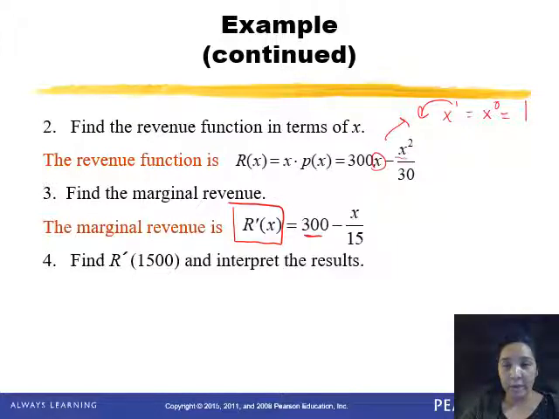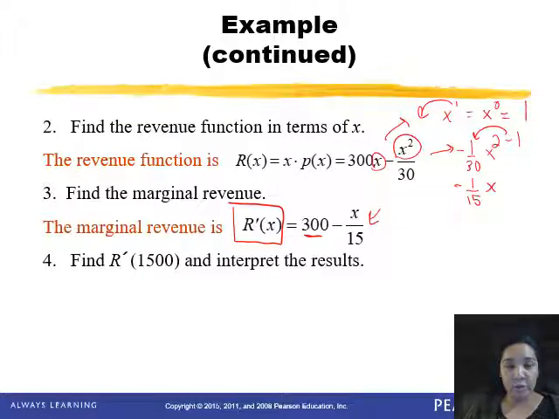And then here we're going to look at this a little bit differently: negative 1 over 30 times x squared. Then you bring that 2 down, and this becomes 2 minus 1. And so 2 over 30, which is 1 over 15, gives us minus 1 over 15 times x. And that's what this is right here. And so there is our marginal revenue.